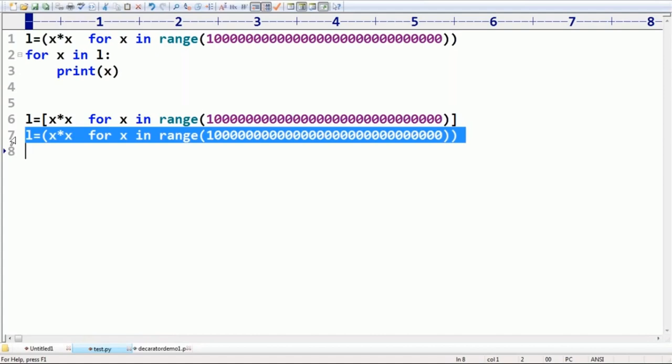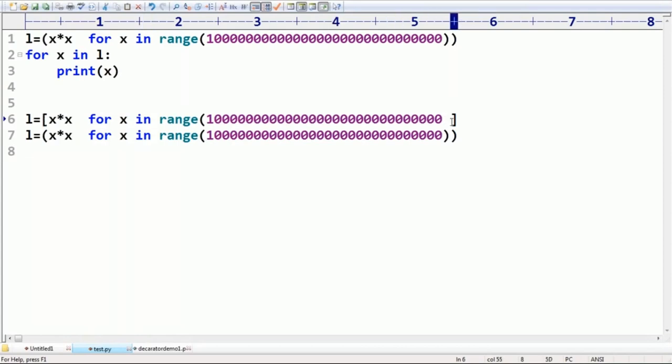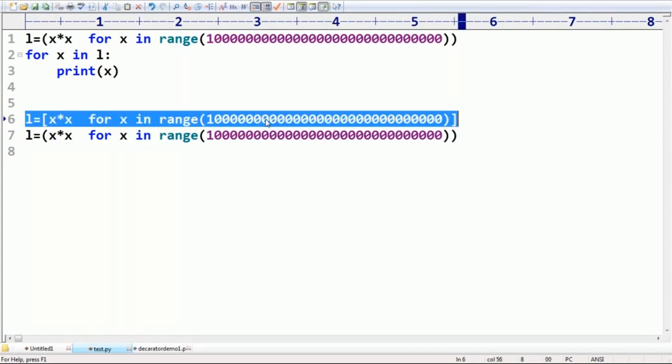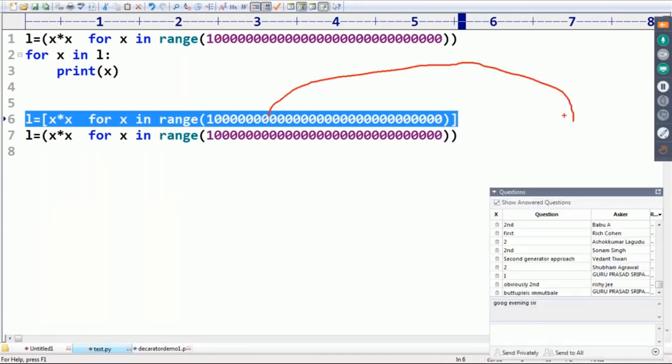What is the difference, right? In the first, the objects will be created and stored in the memory. Remember that.